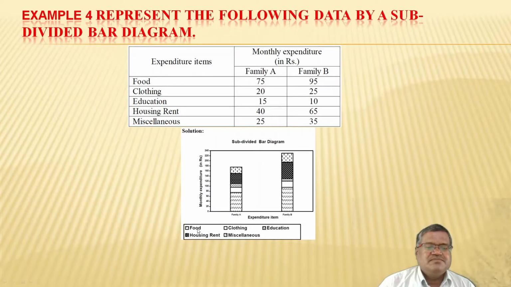This is food, clothing, education, this is house rent, and the remaining last one is miscellaneous. Similarly, for family B also. This is called a subdivided bar diagram. The total expenditure is subdivided into 5 components here.